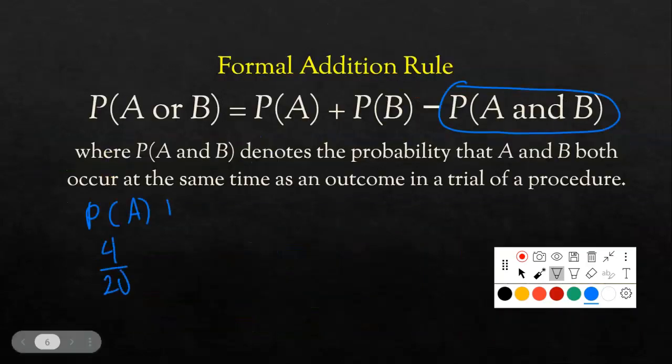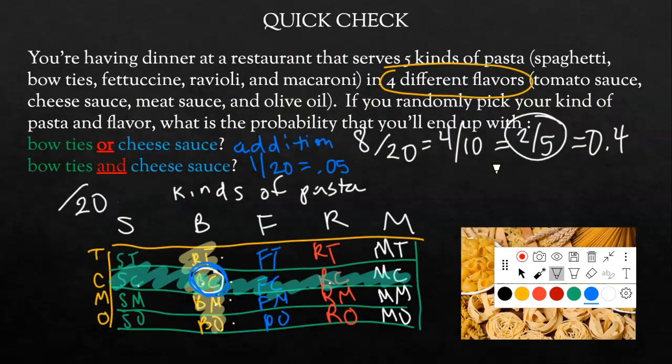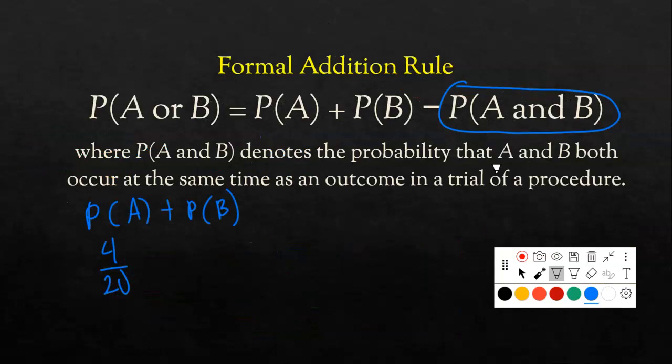And then the probability that I would have selected the cheese sauce, so the cheese sauce was the second event, that was a 5 out of a 20 chance, right? And so when you add fractions, you just add the numerators. But that would be if I double counted the bow tie and the cheese. So then I have to subtract that one that they both had in common.